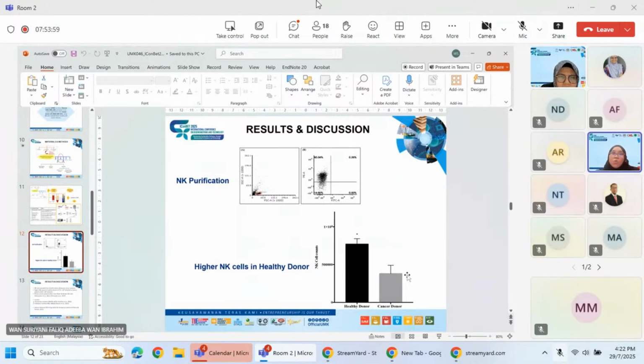Specifically how, the mechanism, we are not sure. But theoretically, there are a lot of studies that also found the same thing. The NK cells are higher in healthy individuals rather than in cancer patients. Mainly because when you're sick, your immune system is down as well.